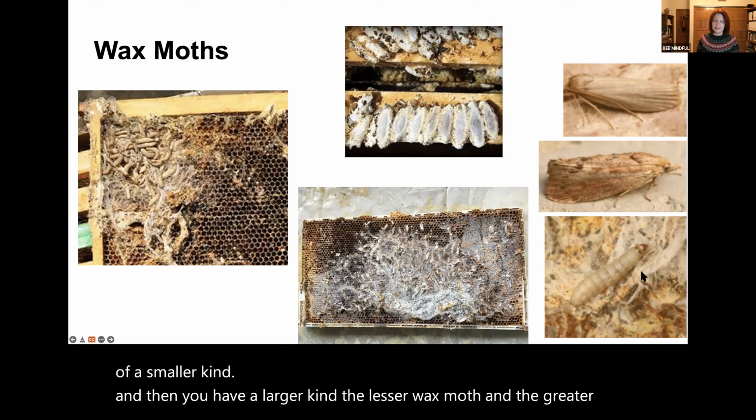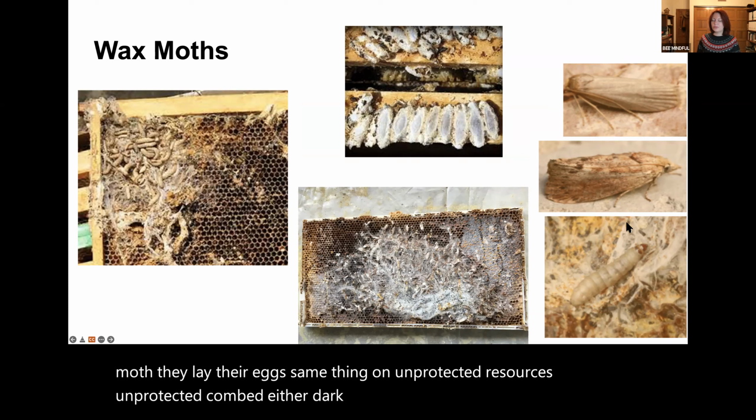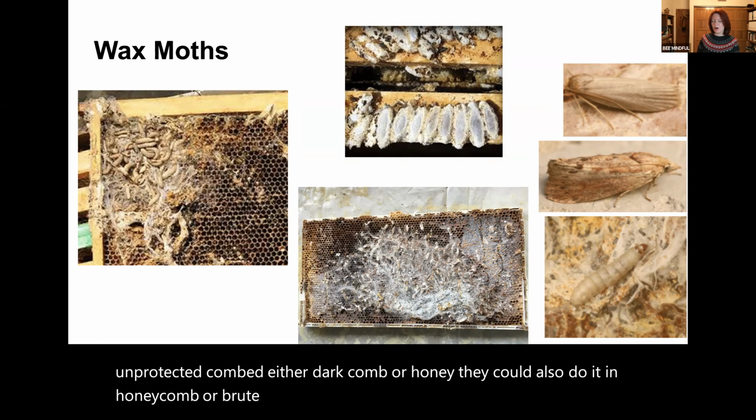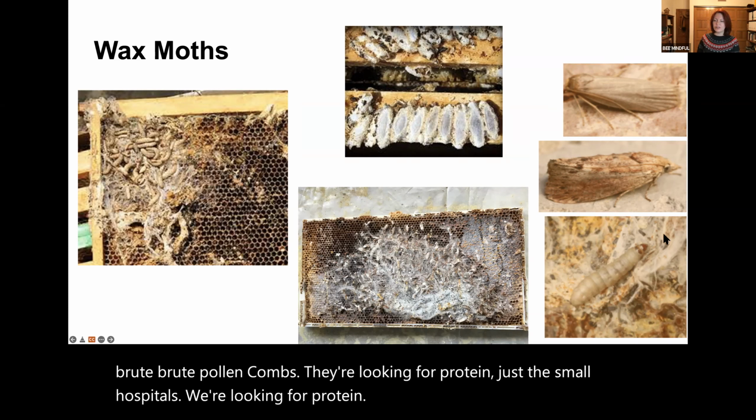They lay their eggs, same thing, on unprotected resources, unprotected comb, either dark comb or honey. They could also do it in honeycomb or brood pollen combs. They're looking for protein, just like the small hive beetles, to feed their larvae.